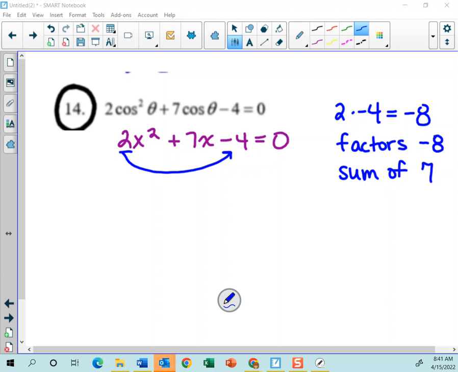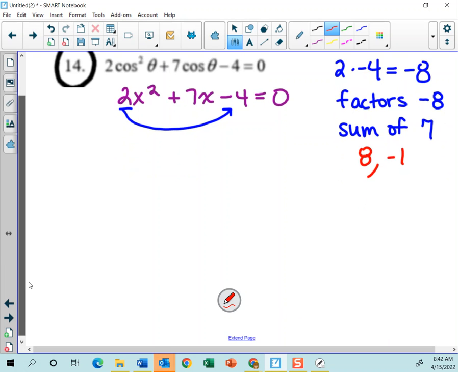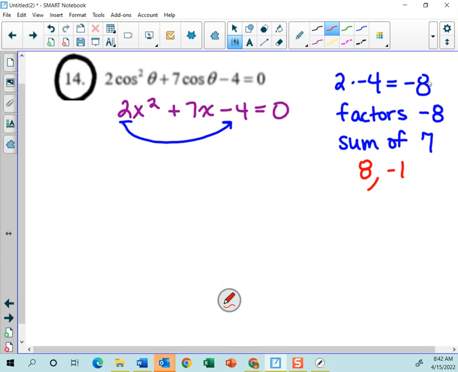All right, so we figure out that the factors are 8 and -1, because 8 and -1 will give us the -8. The reason it has to be -8 is because you have to consider the 2 and the -4. You have to consider the product of those two things.